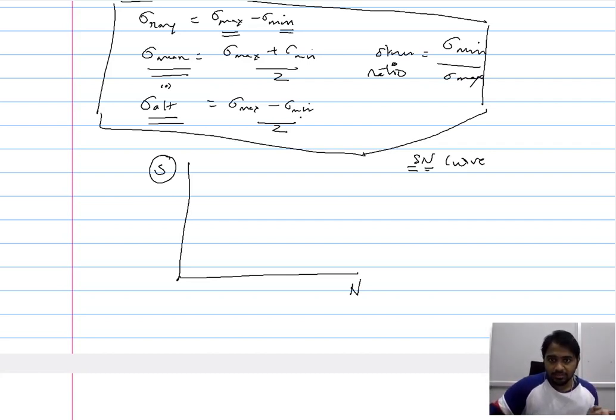Considering this relation between the stress and the number of cycles, you can imagine that as the stress increases, the lifespan of the material decreases, or the number of stress cycles the material is able to survive decreases.